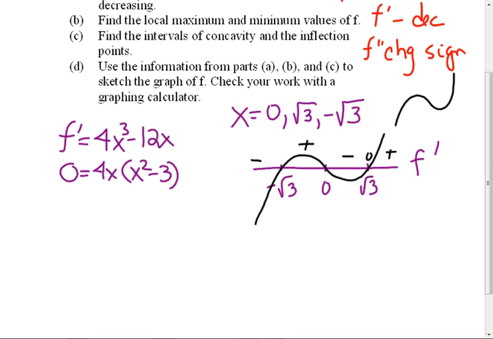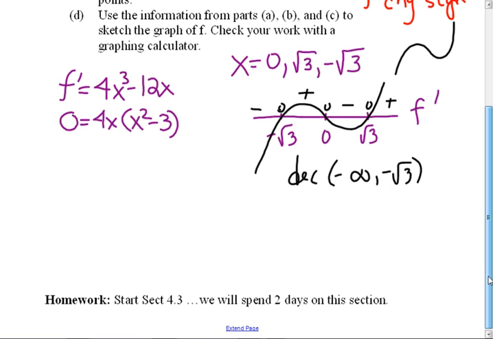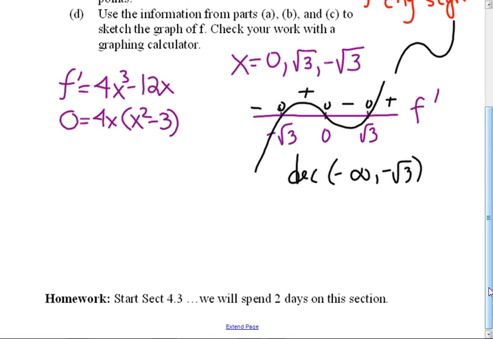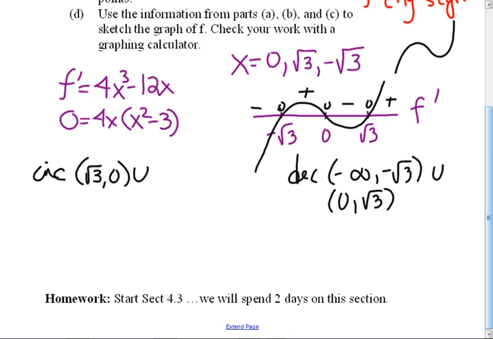Since this is 0, I know my function's going to be nice and smooth. So it's decreasing from negative infinity to negative square root of 3, and from 0 to square root of 3. Don't worry about open, close. It doesn't matter. And it's increasing from negative square root of 3 to 0 and square root of 3 to infinity.